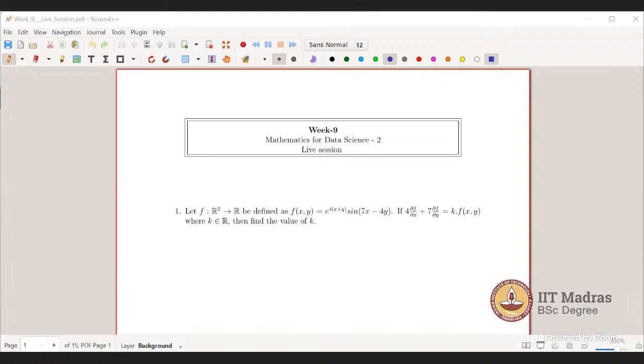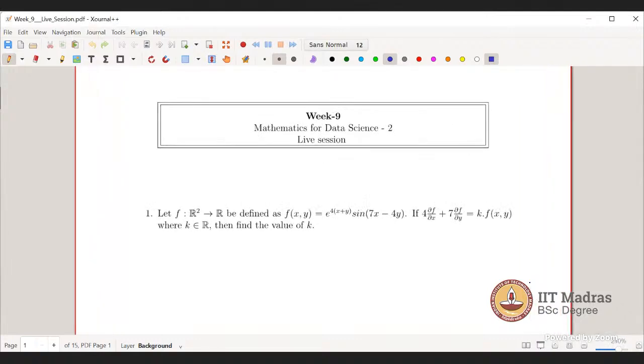The first question: a function is given. So this is my function. f of x, y is e power 4x plus y into sine of 7x minus 4y.